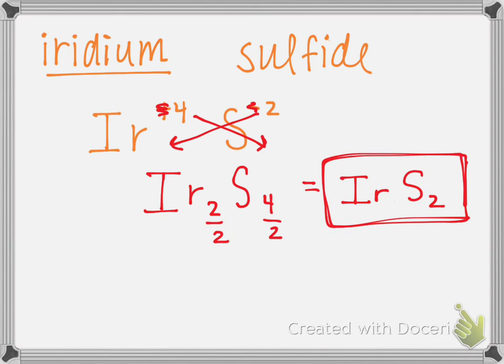All right, I'm going to give you some here that you're going to either have to give me the formula or the name based on what I give you. I'm going to give you the name of zinc oxide, and you're going to give me the formula.